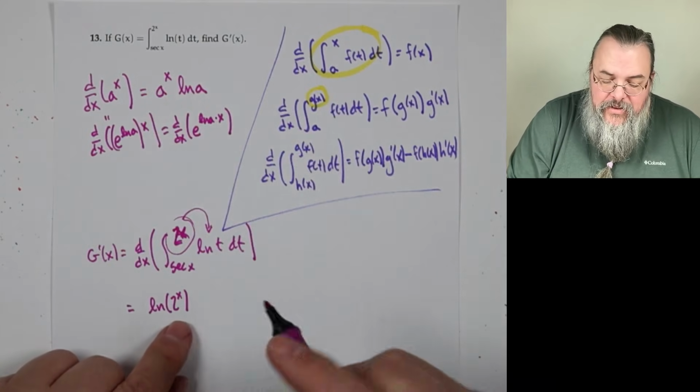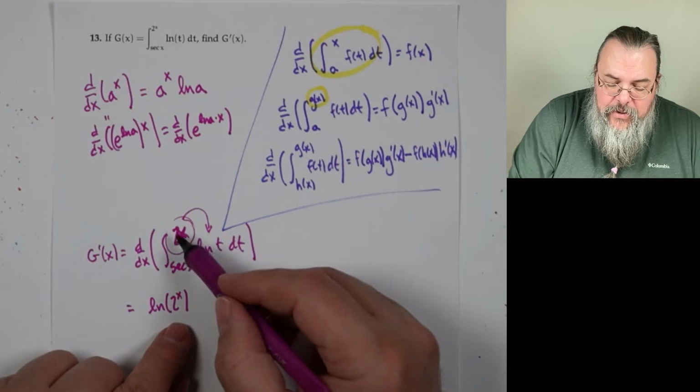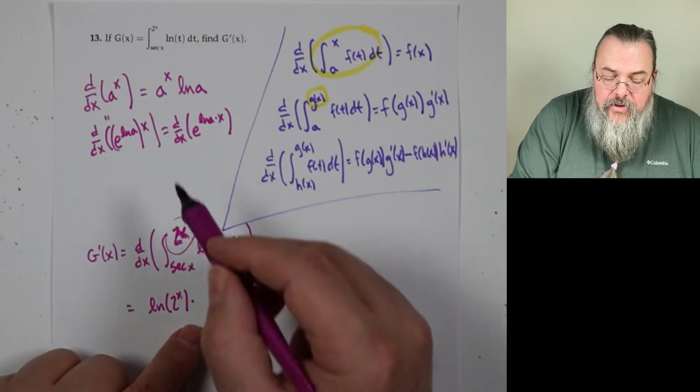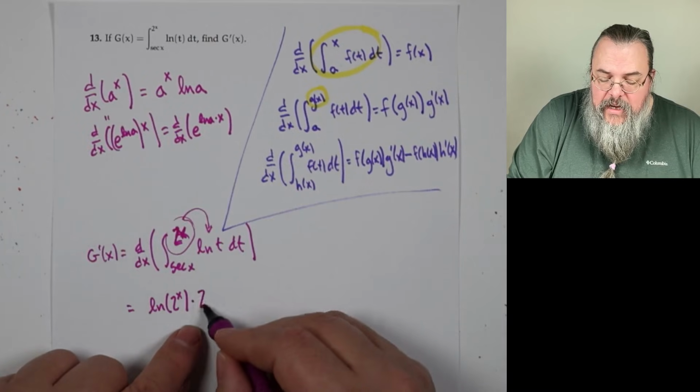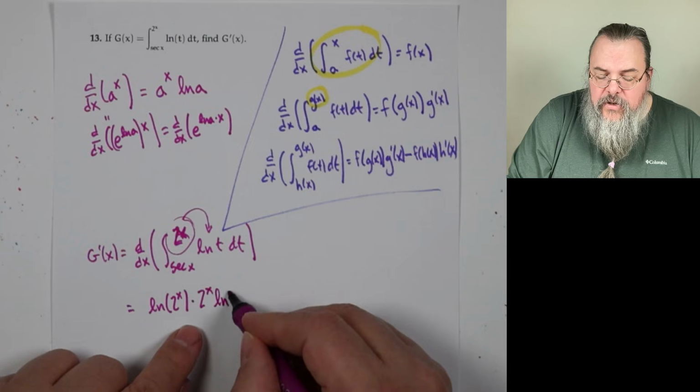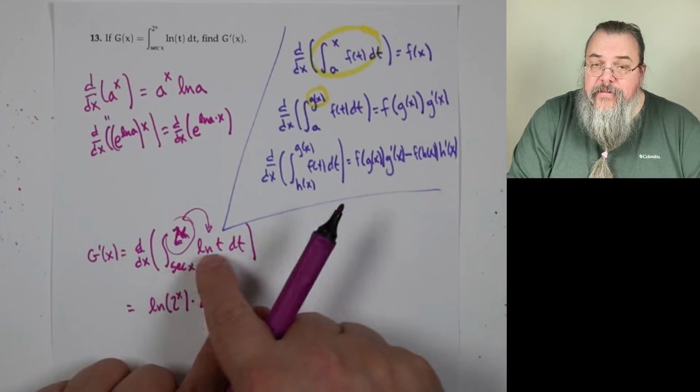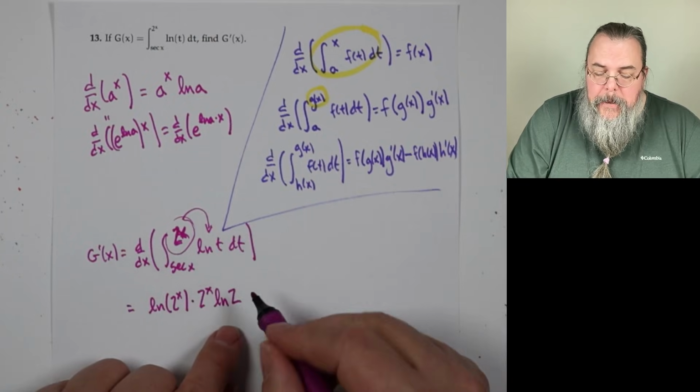Okay, so what do we get? We plugged in 2 to the x and multiplied that by the derivative of 2 to the x, which is 2 to the x ln 2. All right, so that's the first piece.